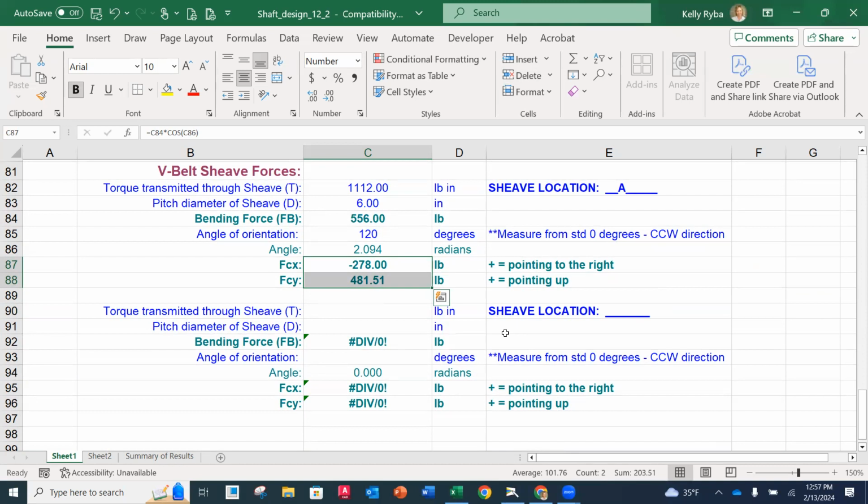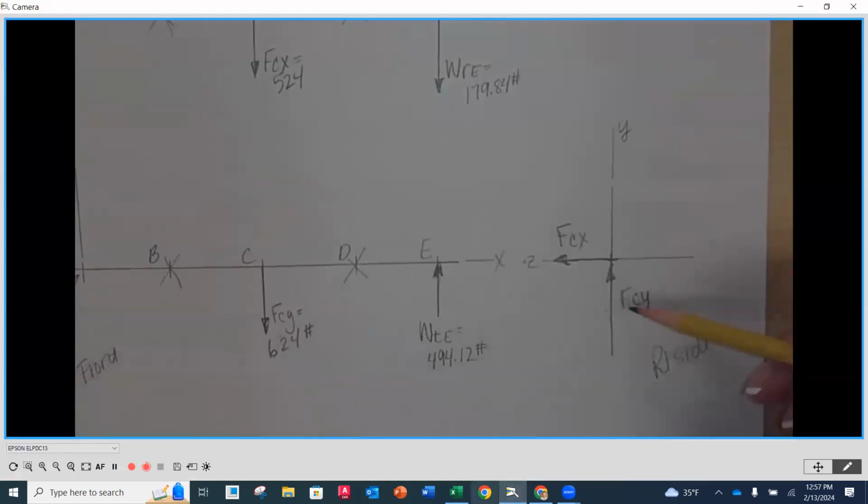And then our Y is going to be up for this one. FCY, we'll just keep it consistent with what's there. So your FCY for our sheave is going to go up in the Y, to the left in the X, as we see.